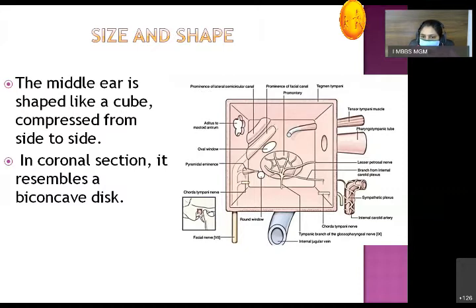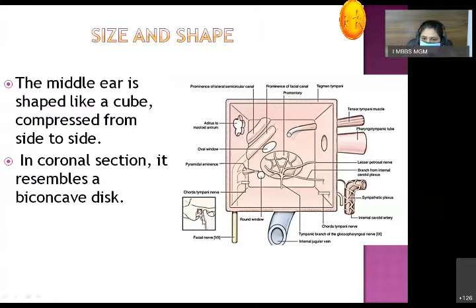The lateral wall is open, so we are seeing the structures inside the cavity. We have removed the lateral wall. In this figure, you can see this is the part of the temporal bone. This is the mastoid process, this is styloid process, this is external acoustic meatus.